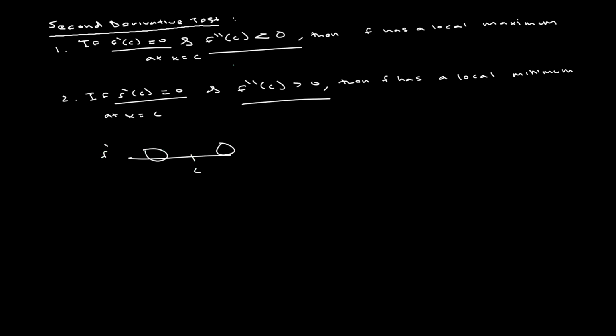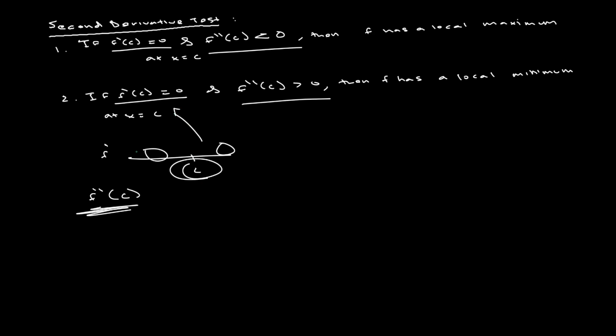Sometimes it's easier to just compute f double prime, and it's easier to find the values of f double prime of c. That's where the second derivative test is very advantageous, because we already know f prime of c, since we have to find critical points, and critical points must be where f prime of c is 0 or undefined, so we don't have to recalculate that.